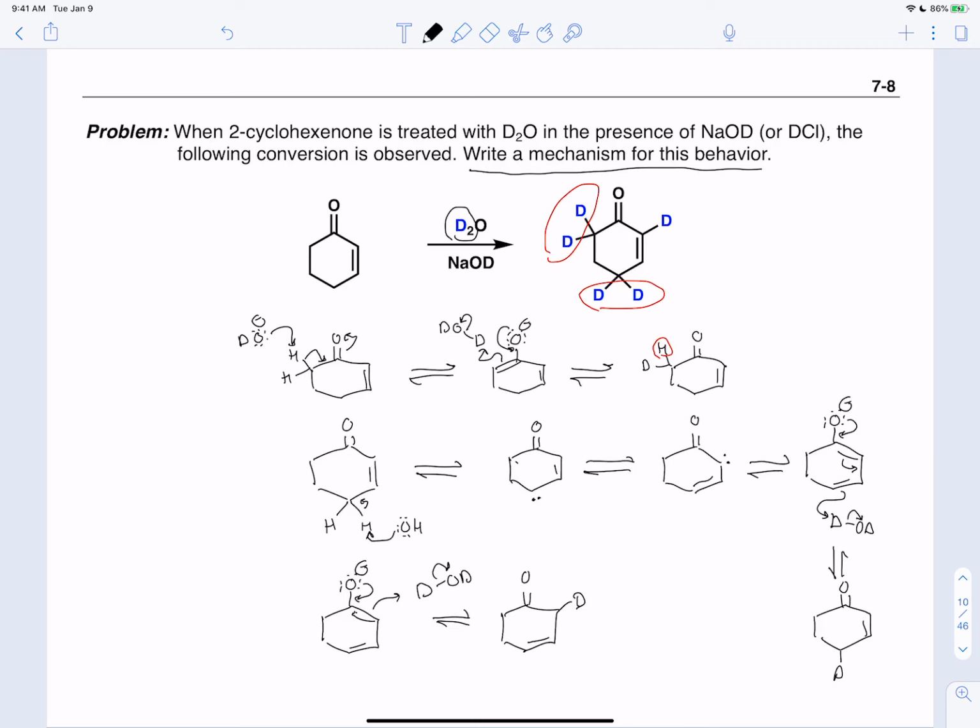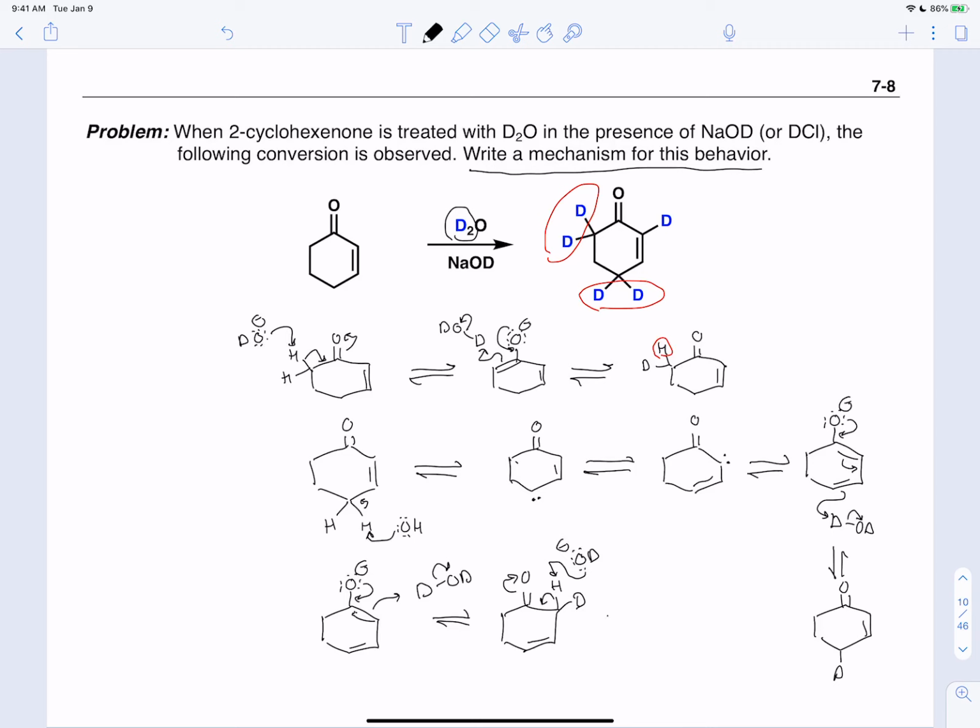Note that along the way, this hydrogen that is neighboring to the new deuterium is still acidic. So we could have another deuterium oxide attack this hydrogen, go down, and back up.